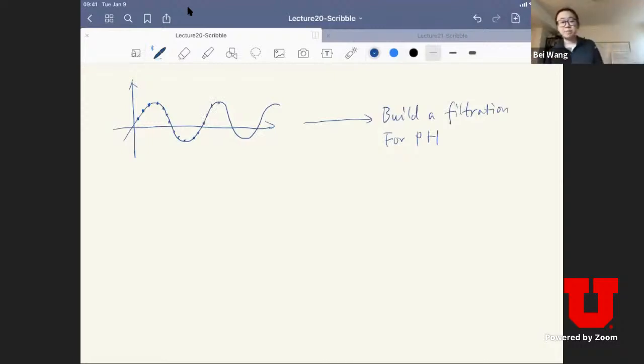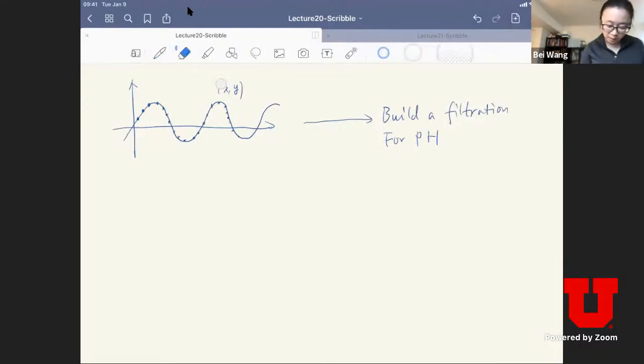So this now became my actual signal, which is a bunch of points where each point has an x and y coordinate, where x is a parameter and y is a function of this parameter.